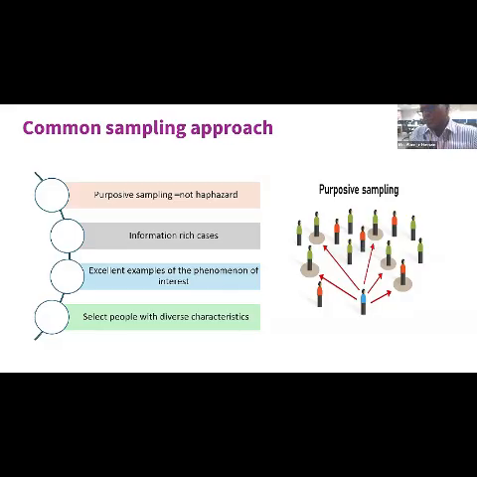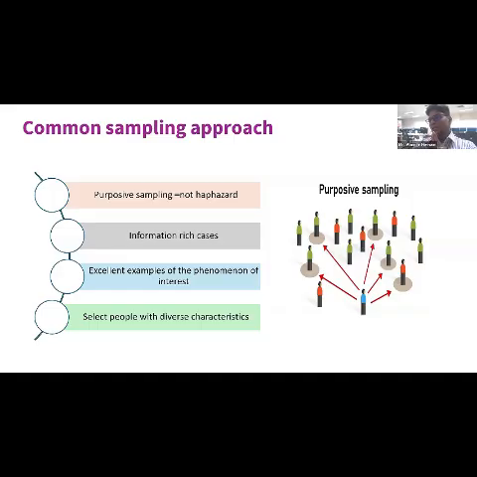Similarly, we can use this if we collect data on COVID positive cases. We have to select someone who has a COVID positive result, and understand their behavior patterns. So we have to be very selective in using purposive sampling, and that helps to get information-rich cases.